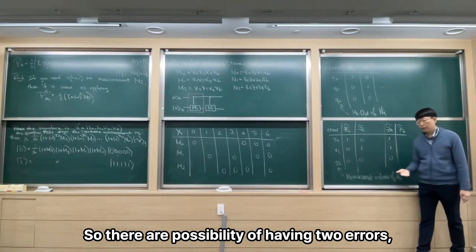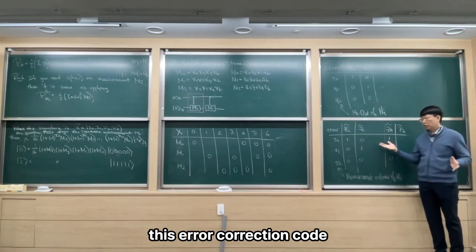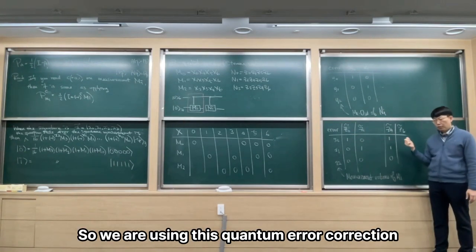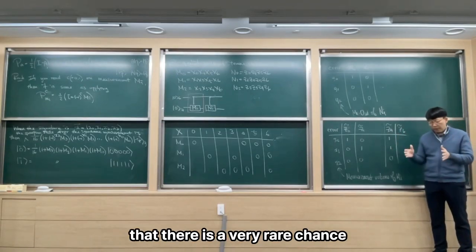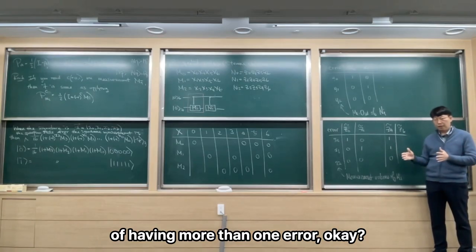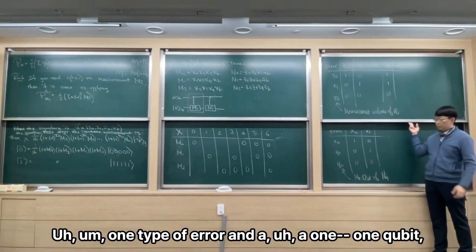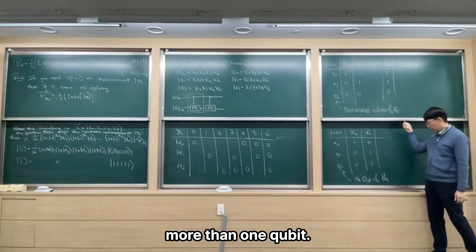So there is a possibility of having 2 errors, but in that case, this error correction code cannot tell you which one it is. So we are using this quantum error correction 7-qubit code under an assumption that there is a very rare chance of having more than one error of one type on more than one qubit.